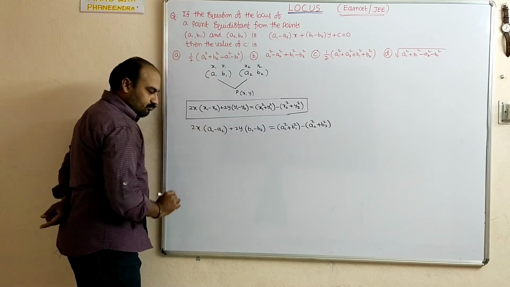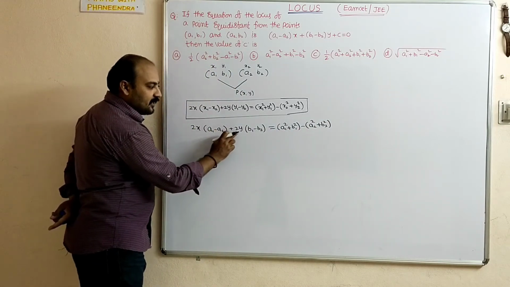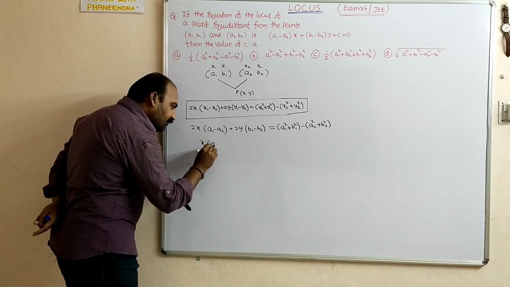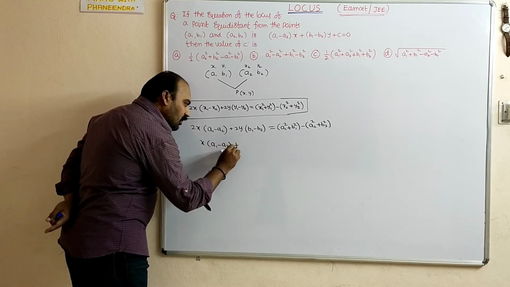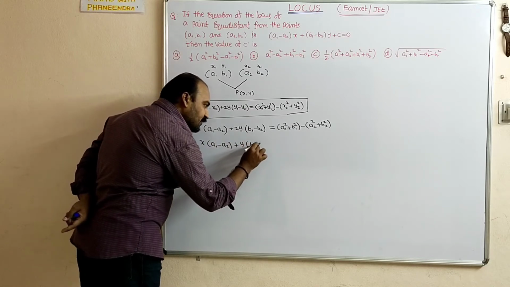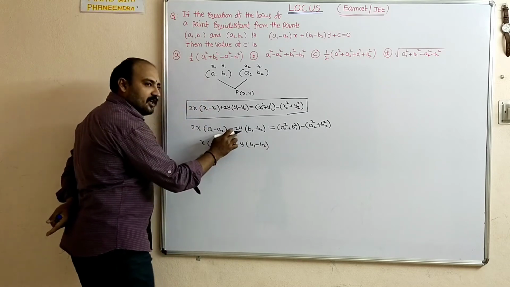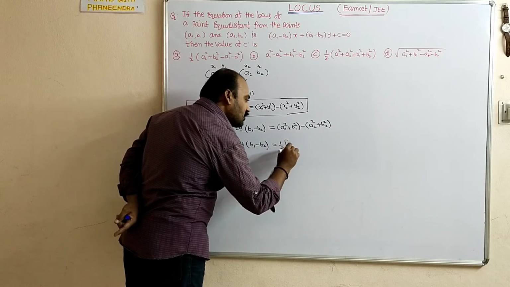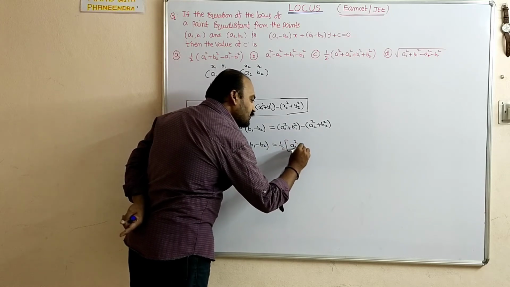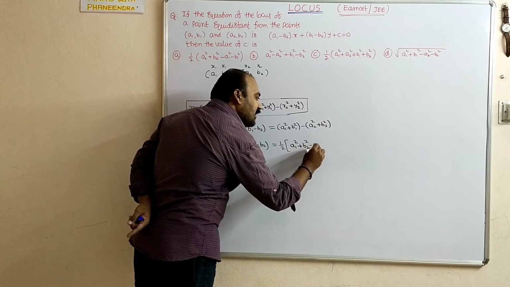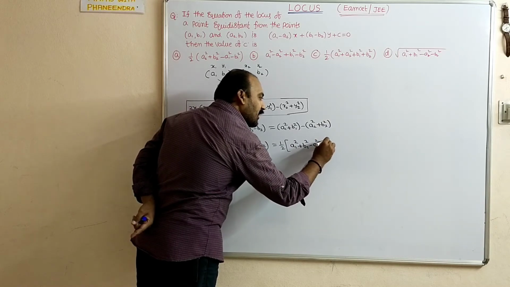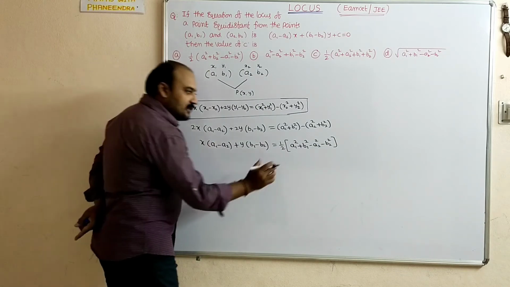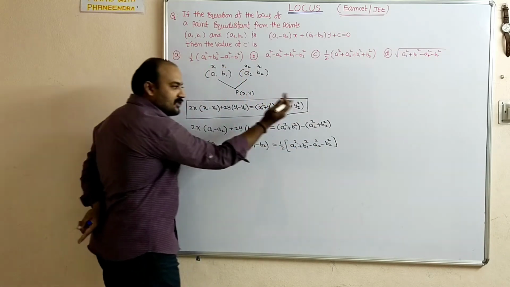Now here a 2 multiple is there, so dividing throughout by 2, it becomes x(a1 - a2) + y(b1 - b2) and on the other side 1/2 times (a1² + b1² - a2² - b2²). After that, I am taking this complete term to this side.